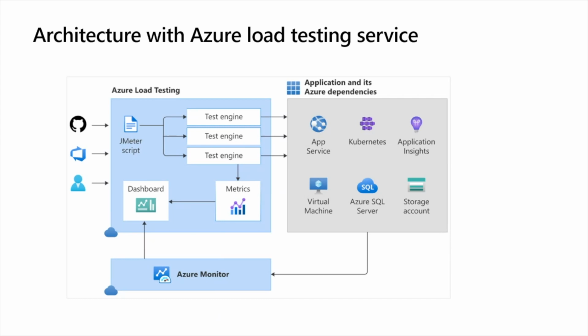This is a brief introduction about the architecture before we jump into the demo. Azure Load Testing Service is a preview feature available today, which can fully manage load testing that can be used to create high-scale load. Azure Load Testing engines abstract the required infrastructure for running high-scale load tests. The test engines run Apache JMeter scripts to simulate a large number of virtual users, simultaneously accessing your application endpoints.